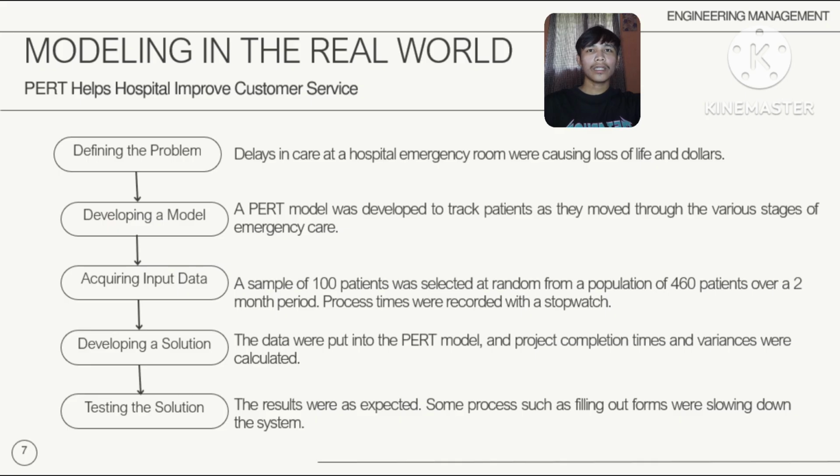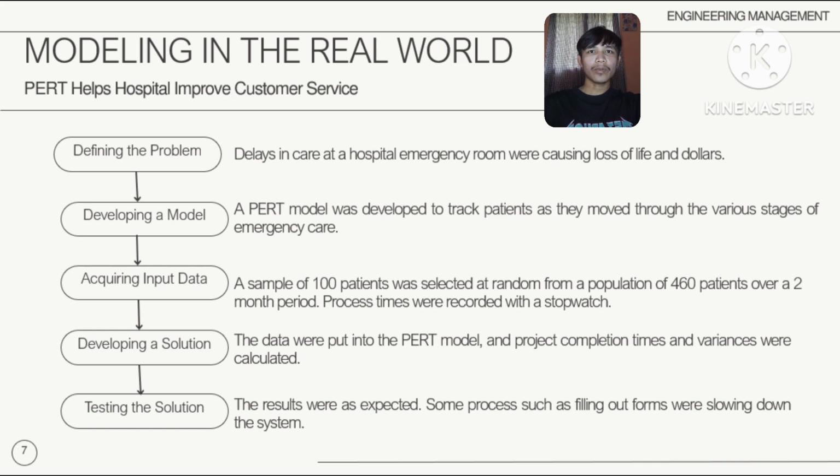Next is to define the precedence relationships. For instance, a patient cannot see the doctor until their initial triage and basic vital signs are taken. This structure was then used to create a network diagram where the nodes represented the patient care activities.